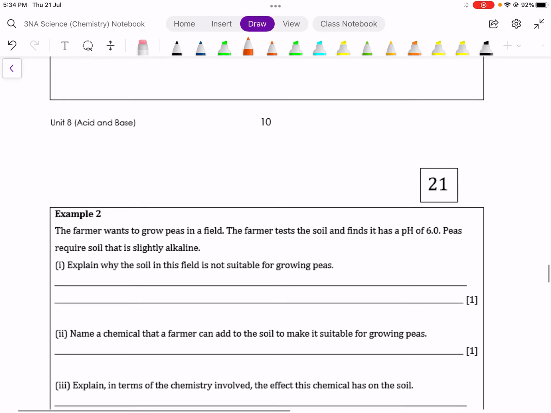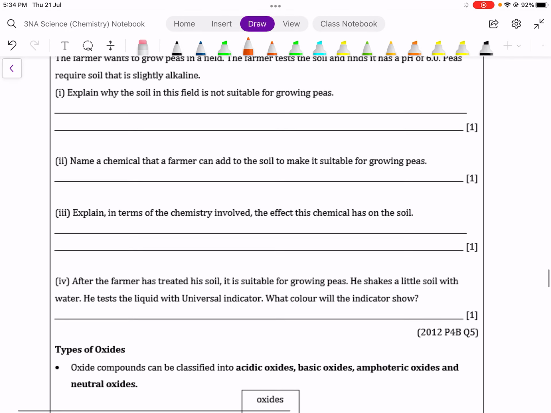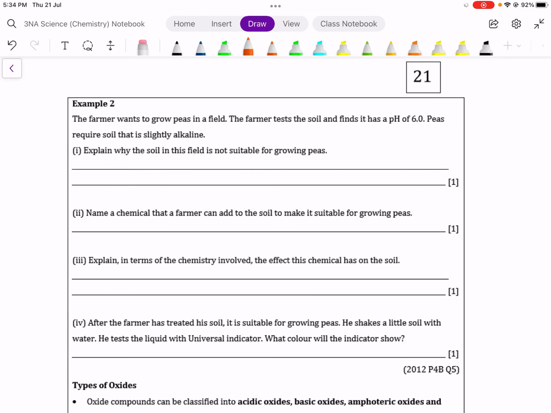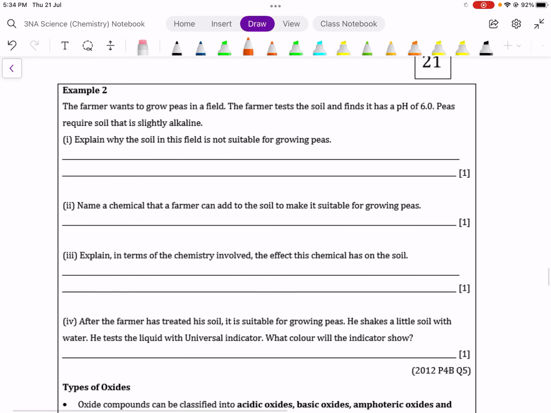Alright, let's go on to the second example. After this there will be some exercises that we will be looking at. Let's look at this first. The farmer wants to grow peas in a field. The farmer tests the soil and finds the soil is pH 6. Peas require soil that is slightly alkaline, so you need to raise the pH.